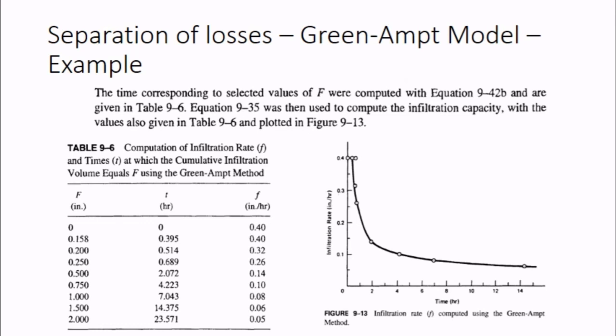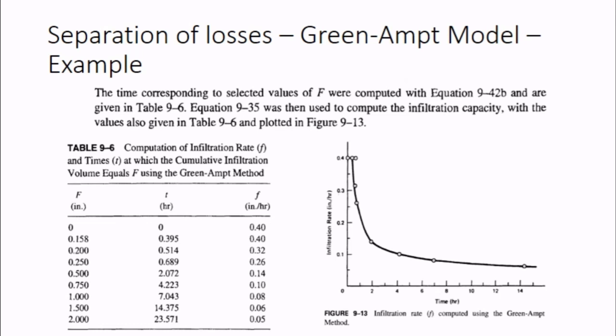And then, ito yung 0.158. Ang pwede kasing gawin dito ay mag-assume ka ng values eh. Or mag-assume ka ng value ng F. And then, kasi diba yung equation na nakuha mo, yung Green-Ampt model na nakuha mo ay for F and T eh.